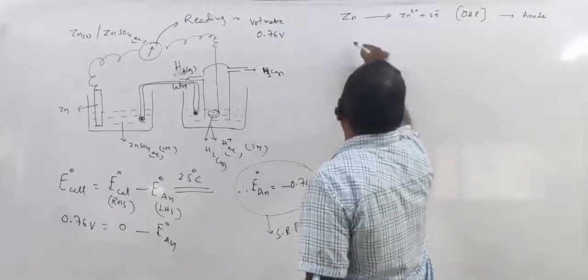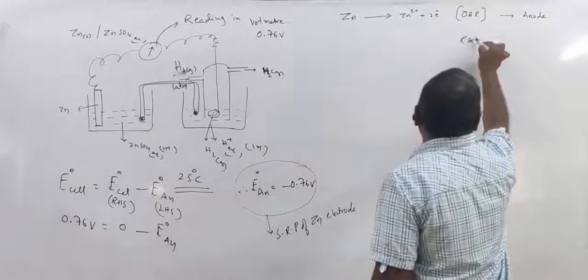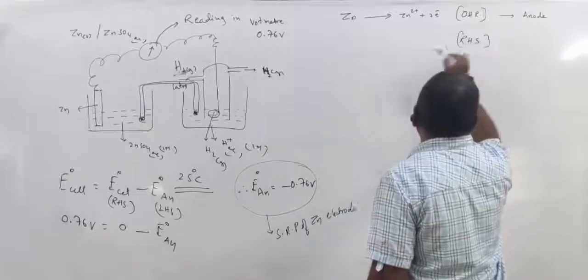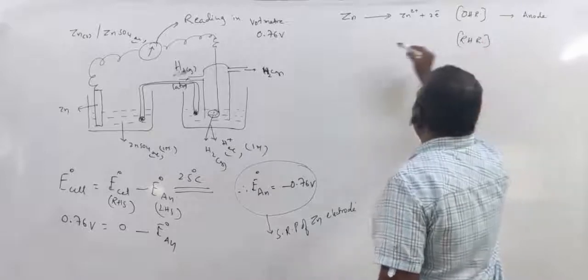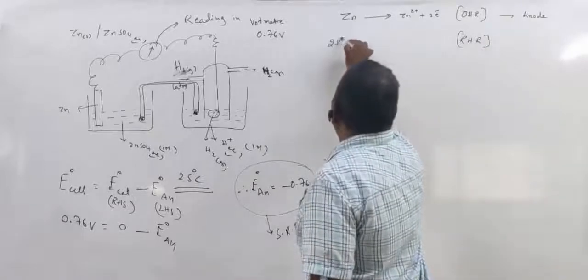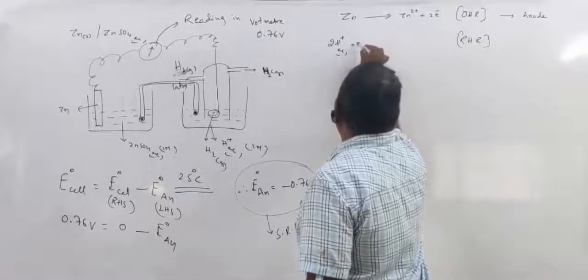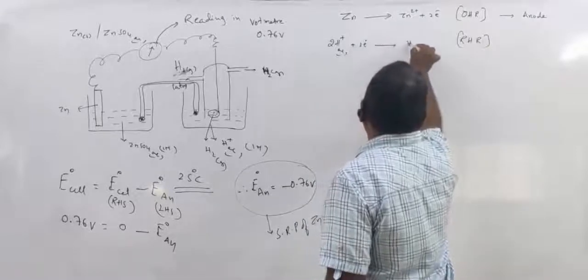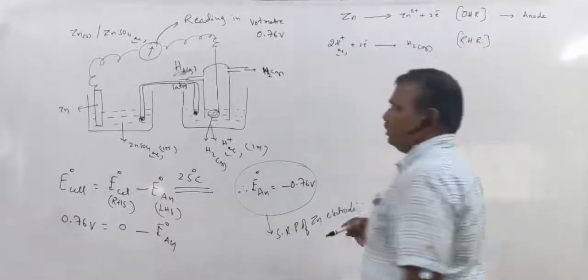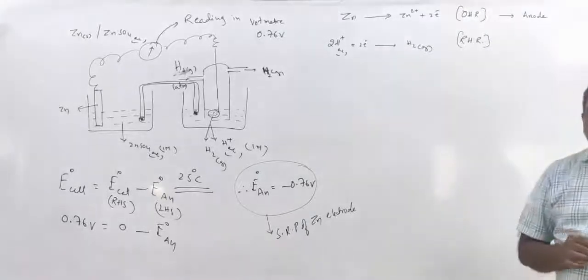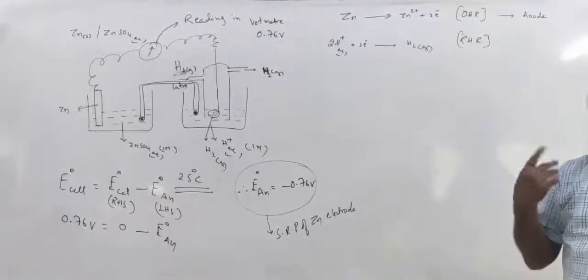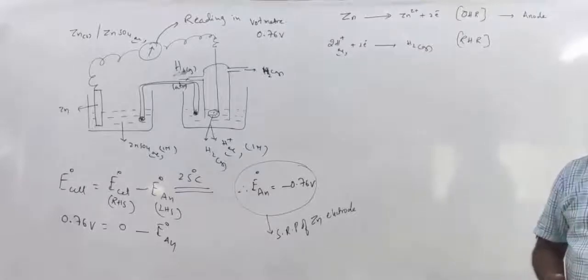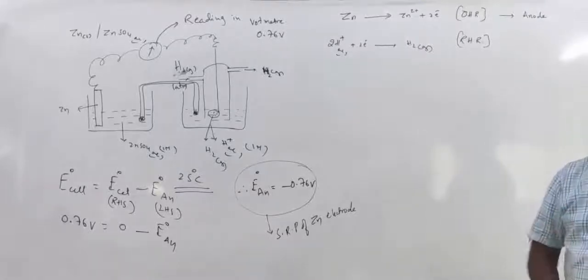Next, reduction reaction takes place at the hydrogen electrode: 2H plus aqueous plus 2 electrons gives hydrogen gas. Whenever the zinc electrode is connected with the hydrogen electrode, hydrogen gas is liberated and zinc dissolves in the solution.